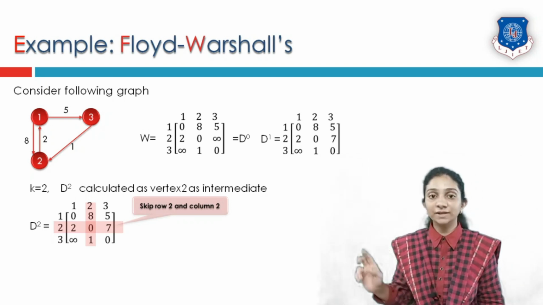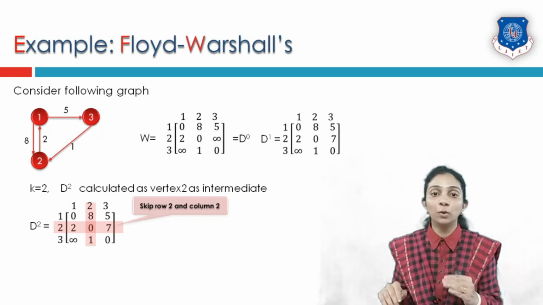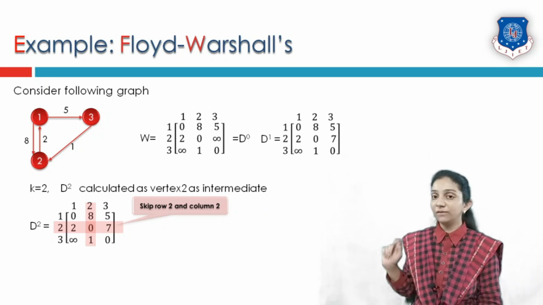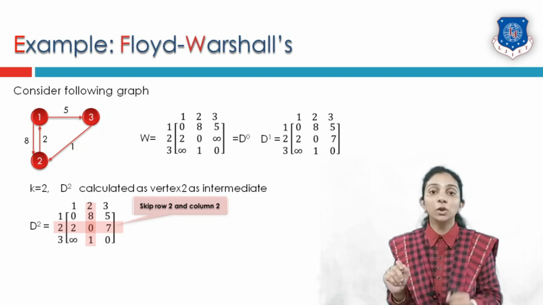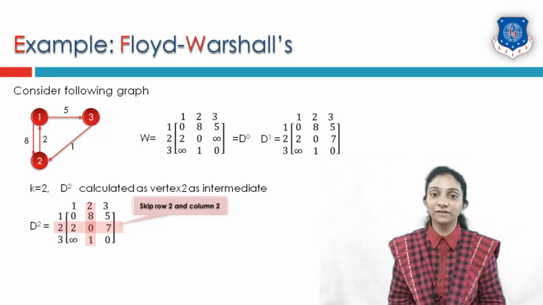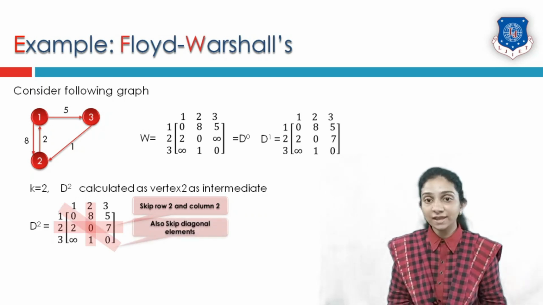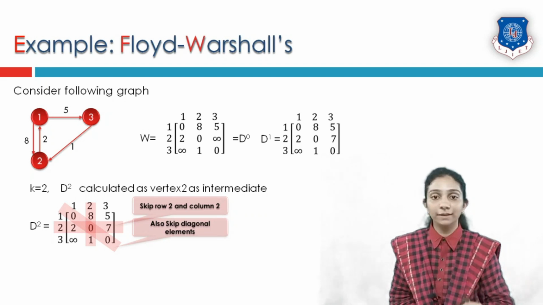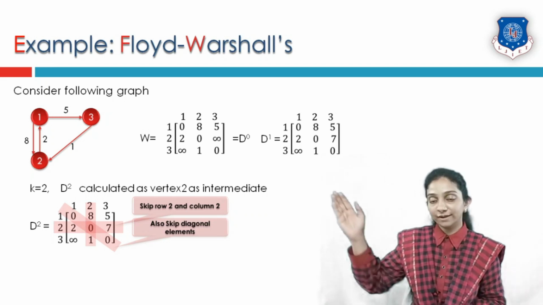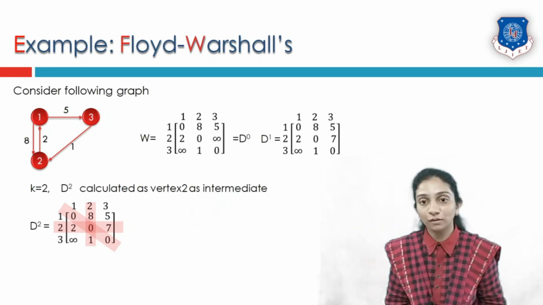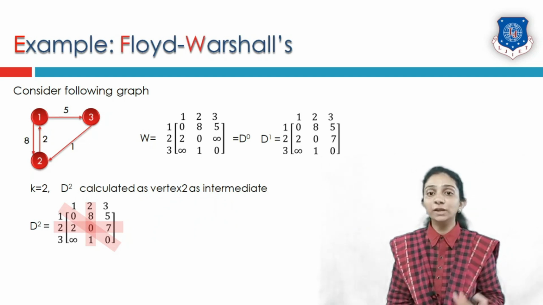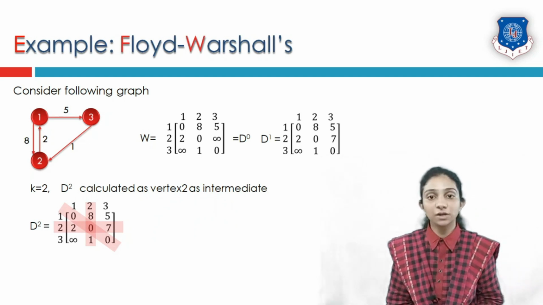Remember, while working with D1, we eliminated row 1 and column 1. While working with D2, we eliminate row 2 and column 2 respectively. And in every case, we skip or eliminate the diagonal, meaning all the 0 values also. Now we are left with only two cells to compute.